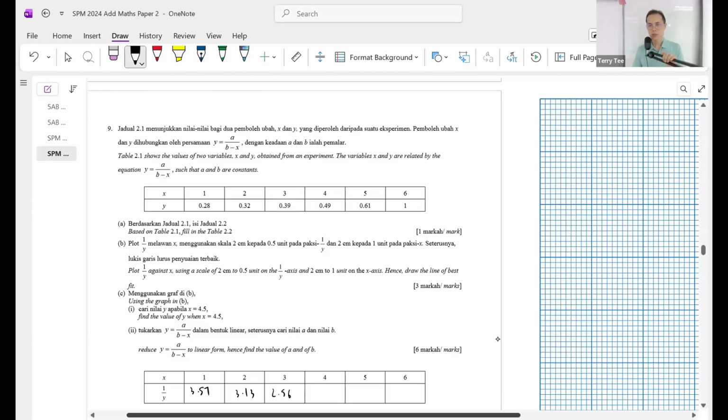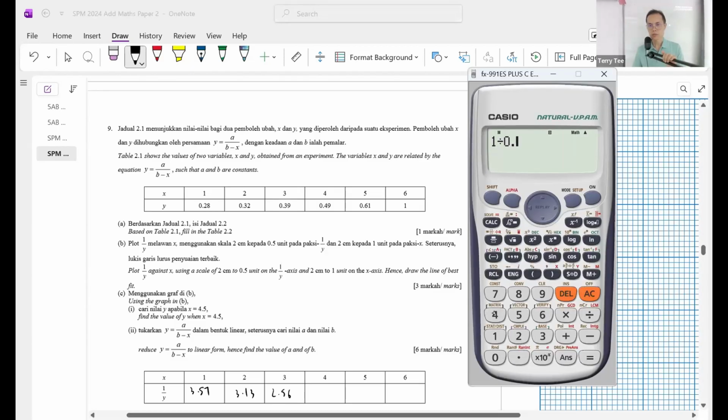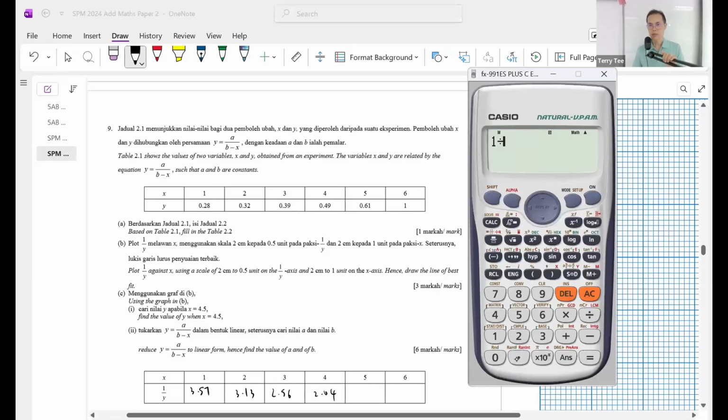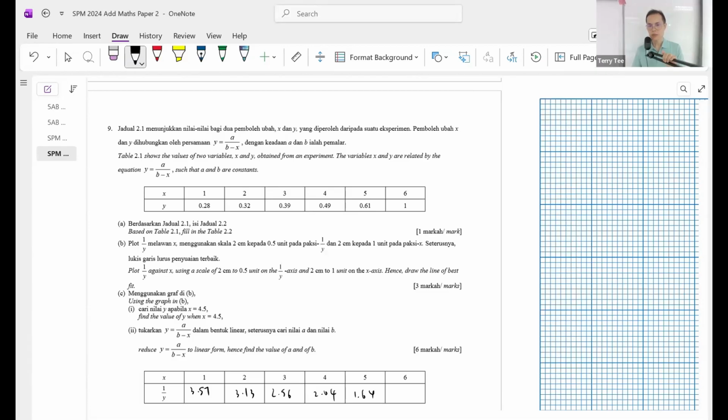Next, 1 divided by 0.49, 2.04. Next, 1 divided by 0.61, 1.64. And lastly, 1 divided by 1 is just 1, so I just put 1.00.